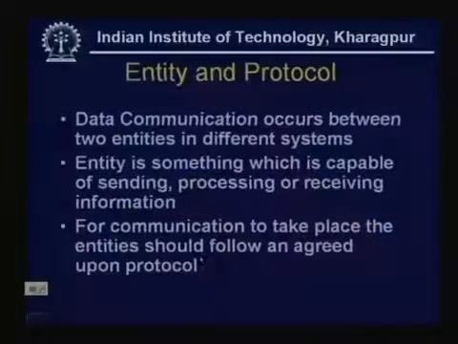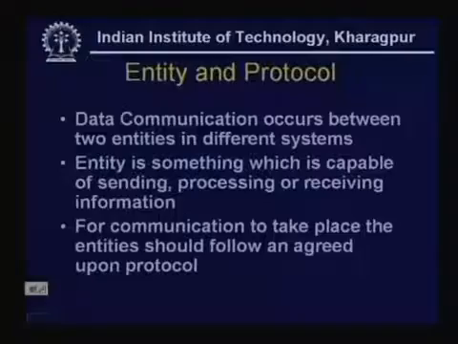Entity is essentially an active element. An entity is something which is capable of sending, processing or receiving information. An entity can be a piece of hardware, a piece of software, or a piece of hardware-software combination.